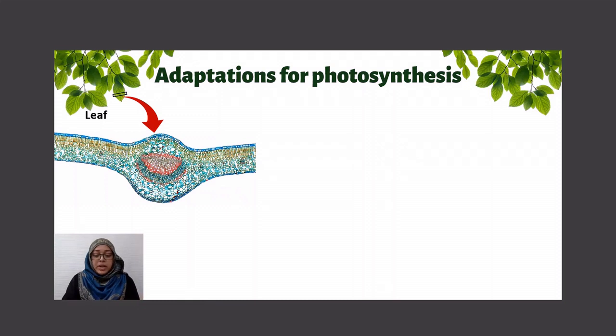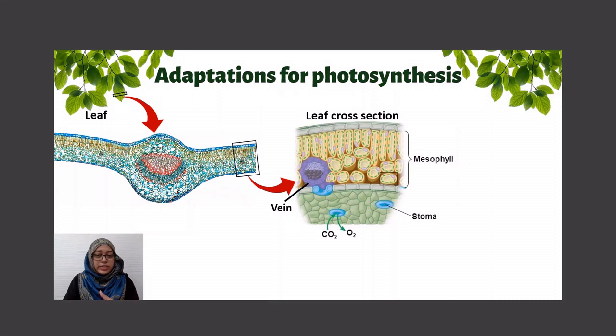Okay, if we look up close at the cross section of the leaf, this diagram too you would be familiar with. At each of these levels, they are adapted for photosynthesis to occur too. So for example, you would know that the leaf has many different photosynthesizing cells, like the palisade mesophyll cells and the spongy mesophyll cells, as well as the guard cells that make up the opening of the stomata too.